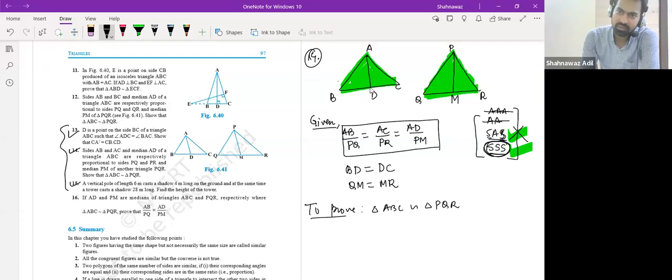AD, PM ratio is given, and AC and PR also given, right? So AC by PR, AB by PQ, and AD by PM, right? So let us use this smaller triangle first.